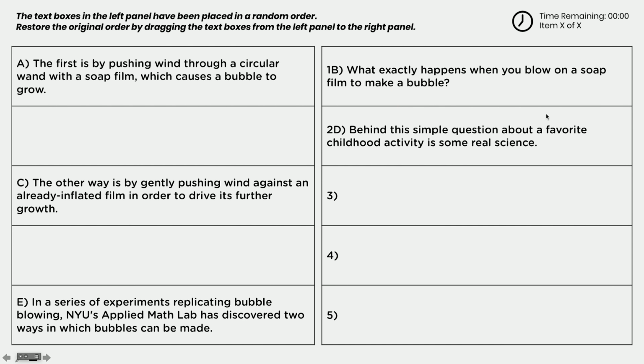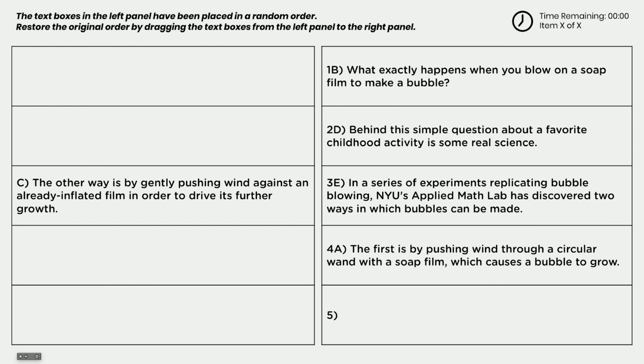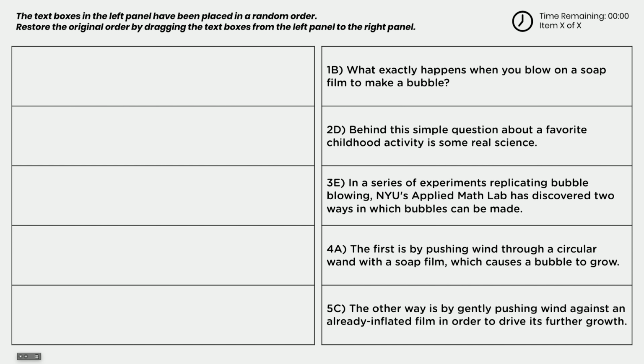The third sentence says, in a series of experiments replicating bubble blowing, NYU's Applied Math Lab has discovered 2 ways in which bubbles can be made. The first is by pushing wind through a circular wand with a soap film, which causes a bubble to grow. The other way is by gently pushing wind against an already inflated film in order to drive its further growth.